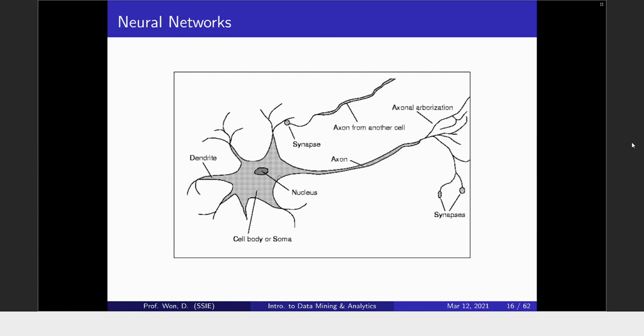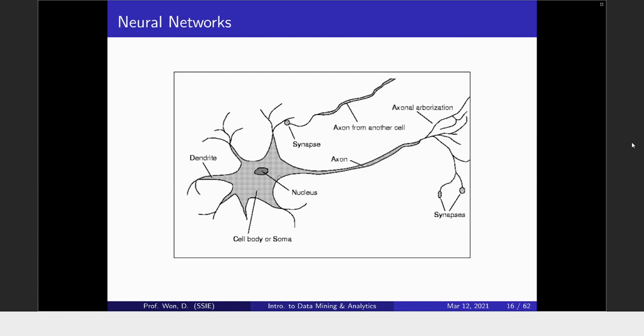We already know that this neural activation is directly related to human cognition, human learning, or human thinking. And in the big picture of the machine learning area, we engineers want to mimic this kind of real brain model.